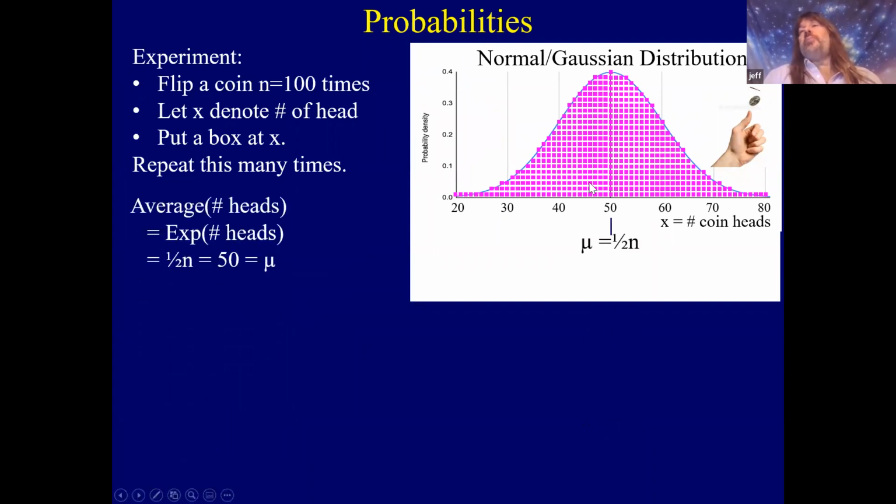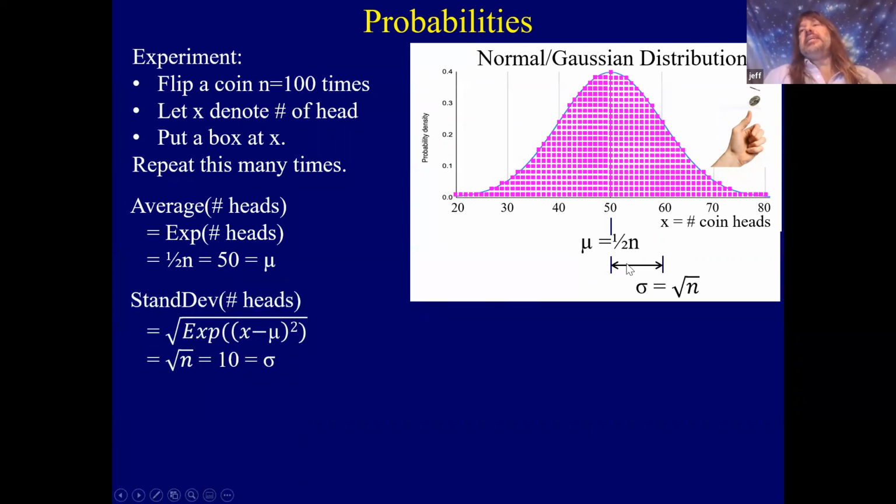So what do we know about this distribution? Well, you probably all know, if you flip a coin 100 times, how many heads do you expect to get, right? You expect to get 50. Of course, you saw from our little experiment here, you didn't always get 50. 50 is not what you always get. It's the average. If you do it a billion times, then the average number of heads you get will be 50.